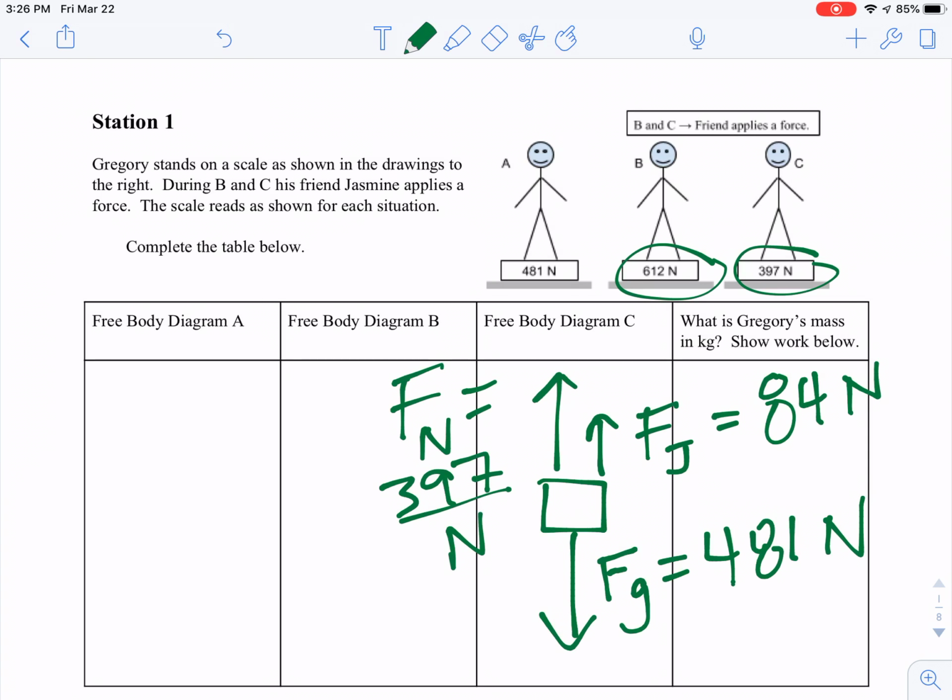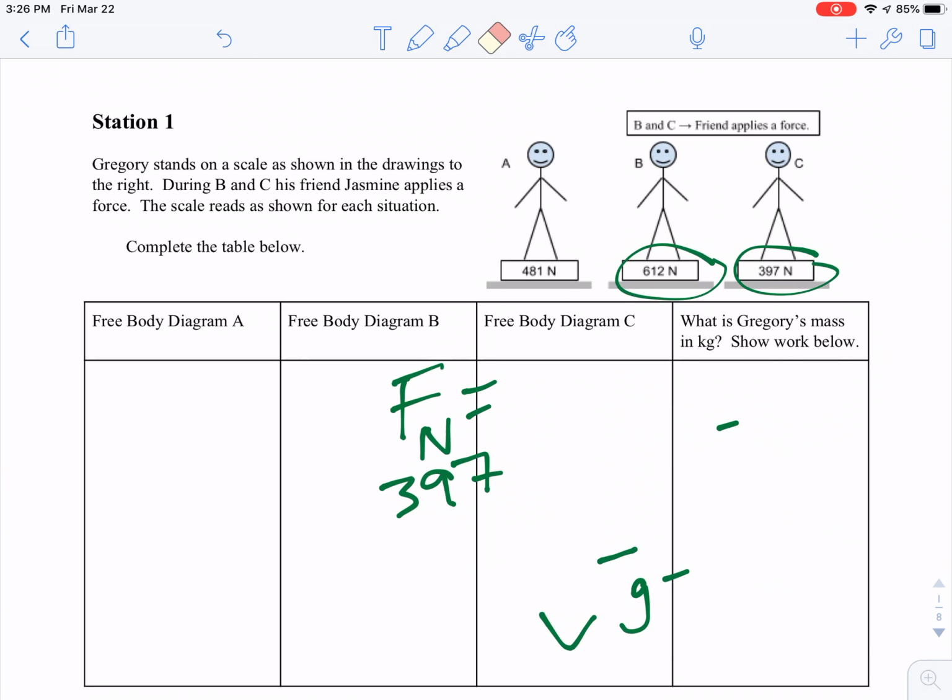So that 397 plus the 84 has got to equal the 481. And that has to be true because he's not moving, so the forces pointing up have to balance out the forces pointing down. Okay, I'm getting rid of that.